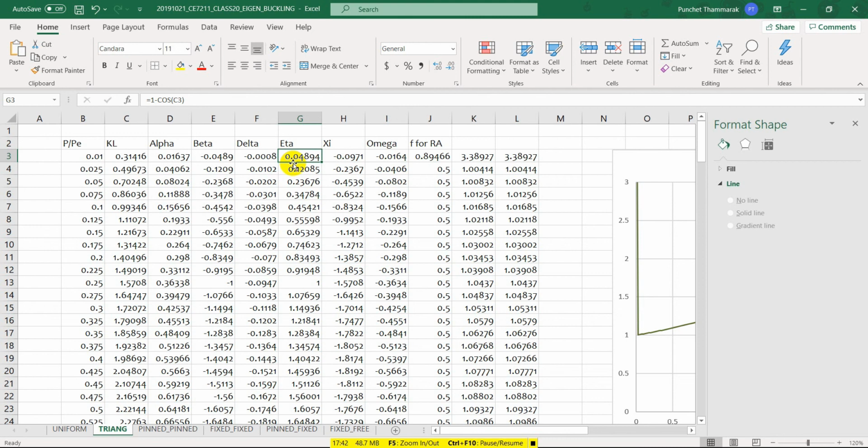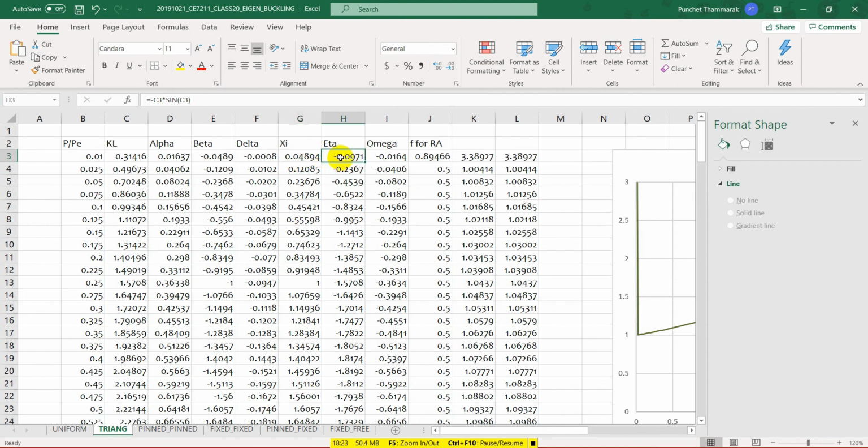I switched the eta and the C. This one is C. Eta C is equal to 1 minus cosine.